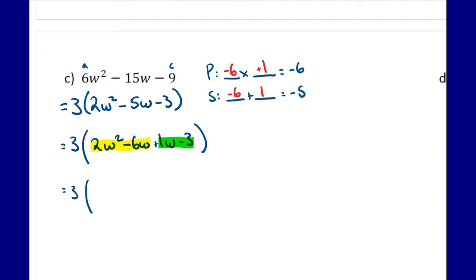Should be able to find that we can factor out a 2w and be left with w minus 3. And in the second term, there's nothing that I can really factor out because there is a w minus 3 already. You could say I factor that out, or I factor out a positive 1.